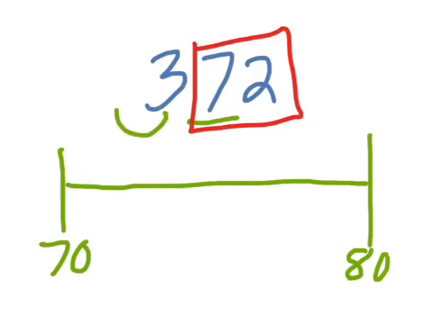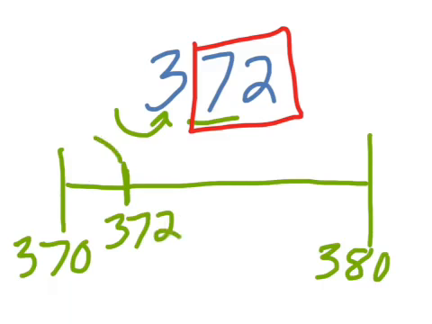Now when I add in the 300 in front of the 70 and 80, I know that it's 370 and 380. I can then look and say, okay, 372 would be about here, so it's closer to 370.